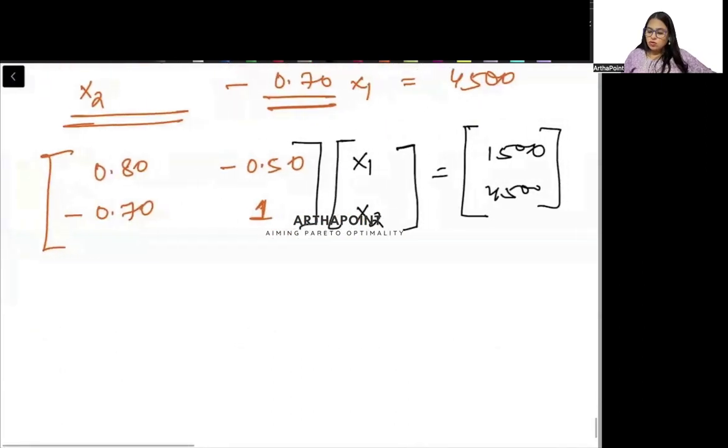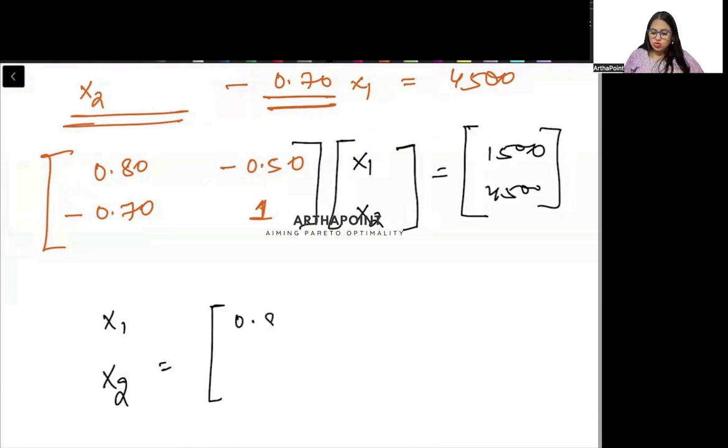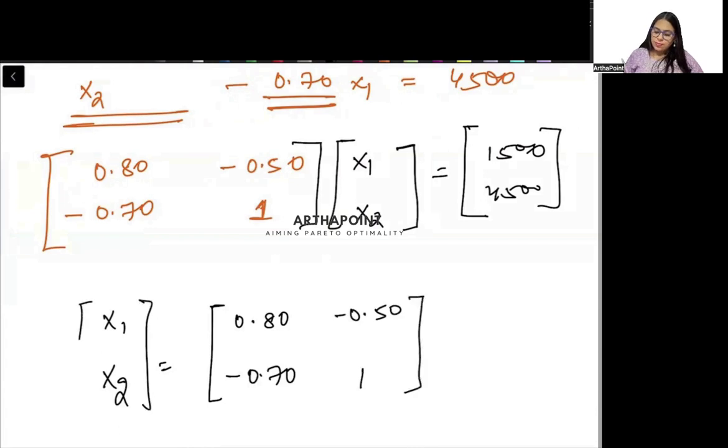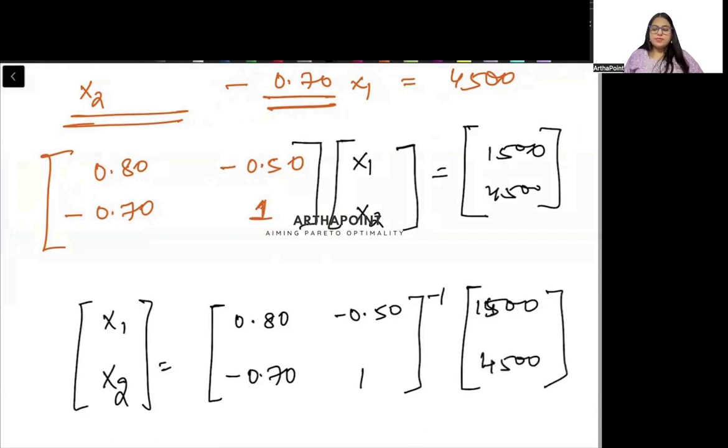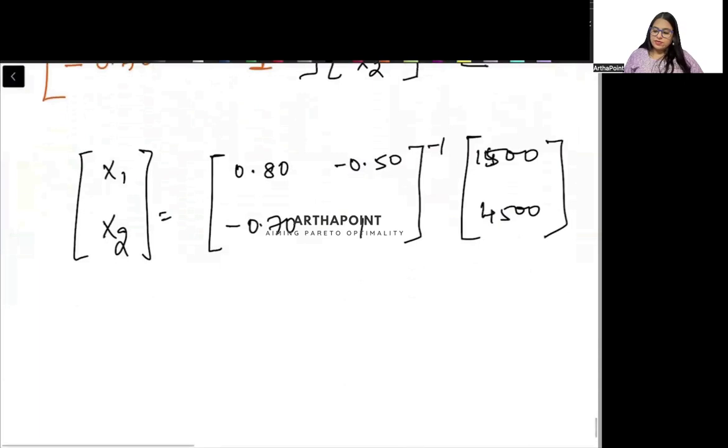So if I were to solve for X1, X2, I will just find the inverse of this matrix: 0.80, minus 0.50, minus 0.70, 1, inverse, into 1500 and 4500. We know for inverse, these two change their position, these two change their sign, and it's divided by the determinant.